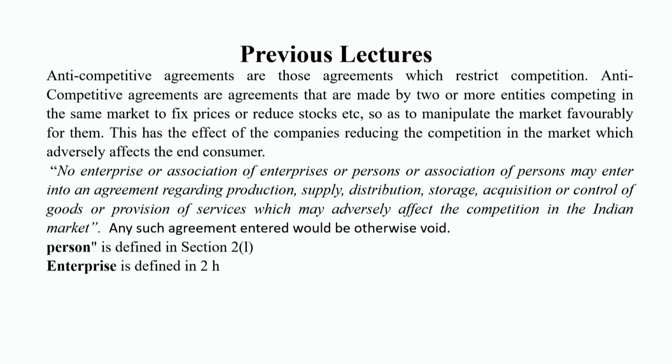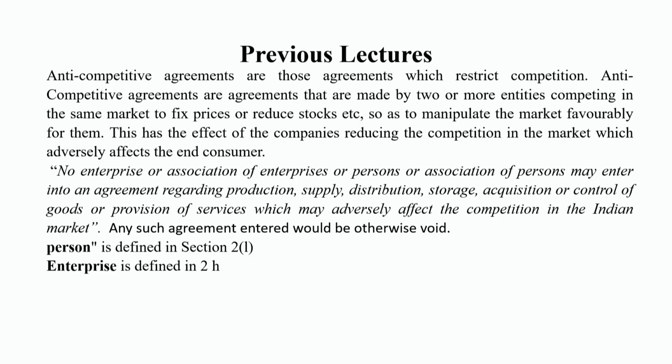The term person is dealt with in Section 2 subclause L, where person means any natural person, any government entity, any private entity, or any artificial person. We also discussed the term enterprise in the last lecture.